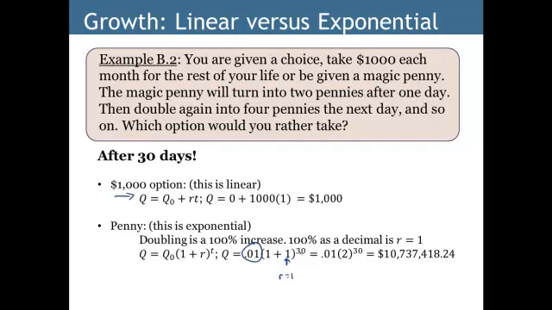And so 30 days is my T value here. If we work that out, that's 0.01 times 2 to the 30th power. That is, holy cow, looks like $10 million, almost 11 million. So this power of exponential growth is really good in terms of investments and everything. Your investments grow with compound interest, and that exponential idea really helps things grow fast. And so you like that.